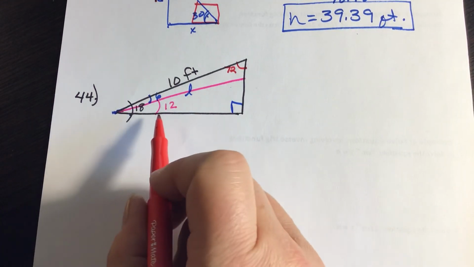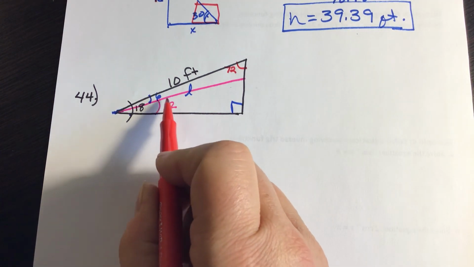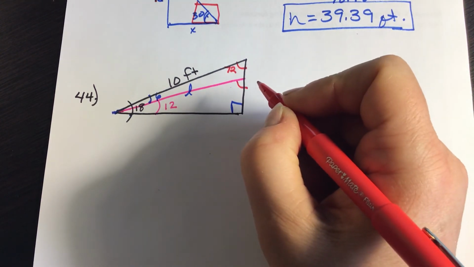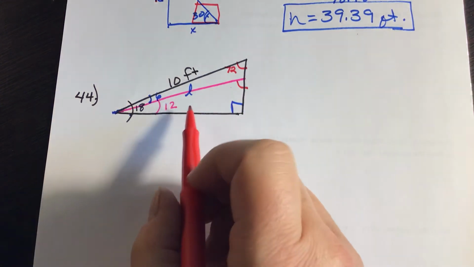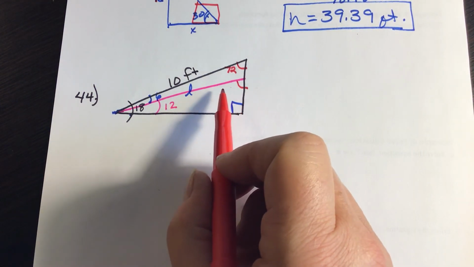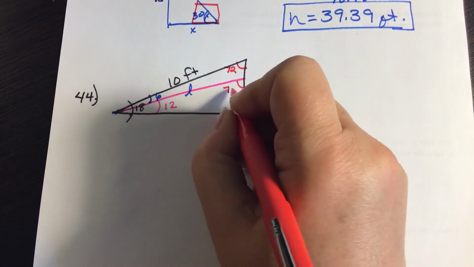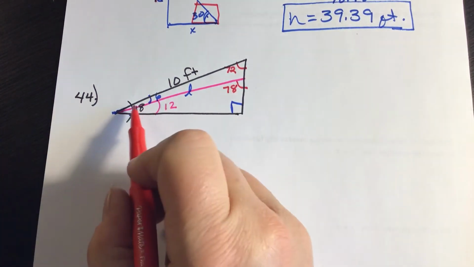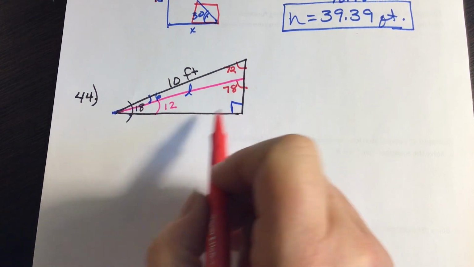And if this is 12, then this side must be 78. Sorry, I was thinking about something else. All right, so again, I'm looking for the length of the side, and I just put in all these other things that I knew.